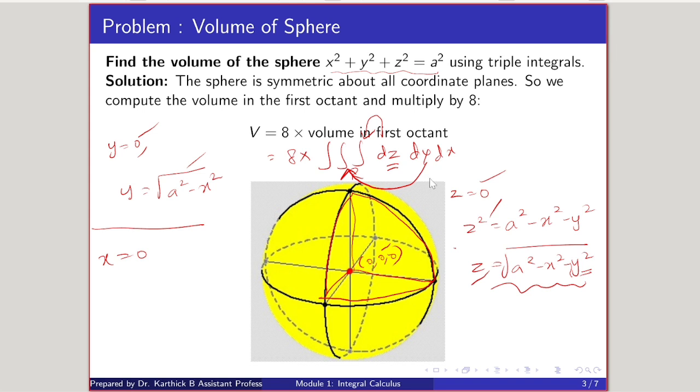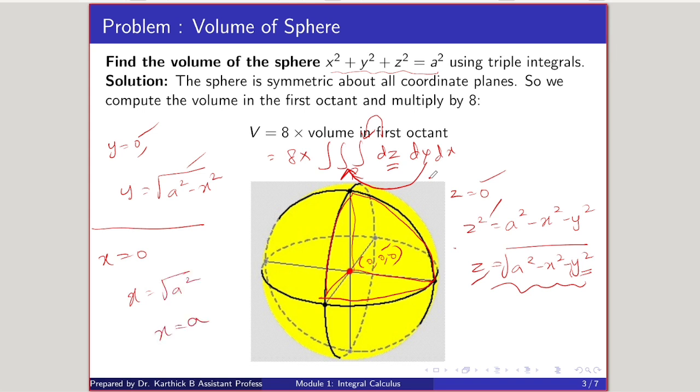If I go for the next limit, y, I will have evaluated the given function with respect to z, so there will not be any term in the form of z. Next I am going to evaluate with respect to y, so that limit of y should not contain the variable y. We are removing the variables in this way. For the next one, I equate x to 0 and I find the value x equal to the square root of a square, which is a.